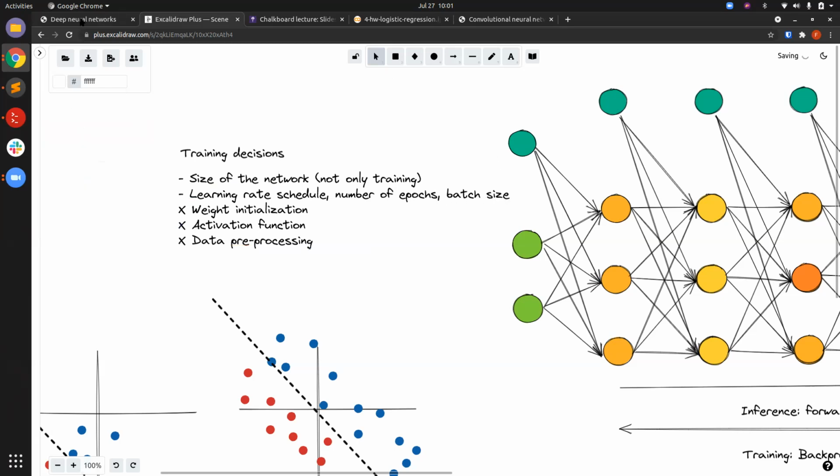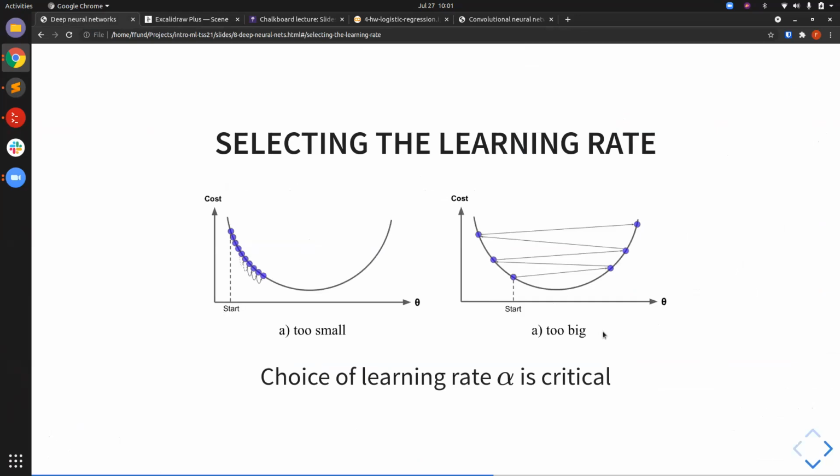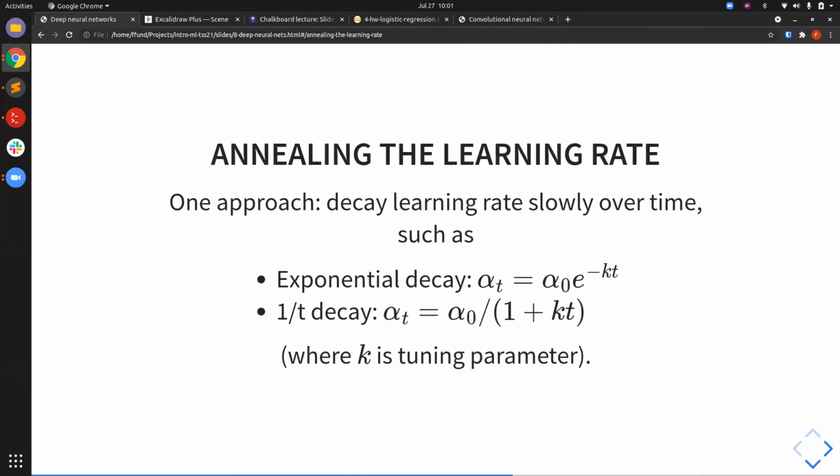We also need to decide how we set the learning rate. We know if our learning rate is too small, it won't converge quickly. If the learning rate is too big, we'll end up oscillating. And with a deep neural network, as with everything else about optimization, this gets much more tricky to select. One approach is to slowly reduce the learning rate over time.